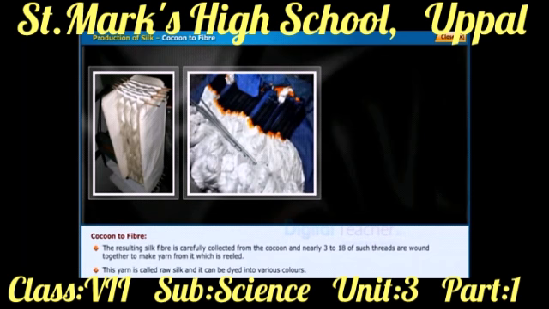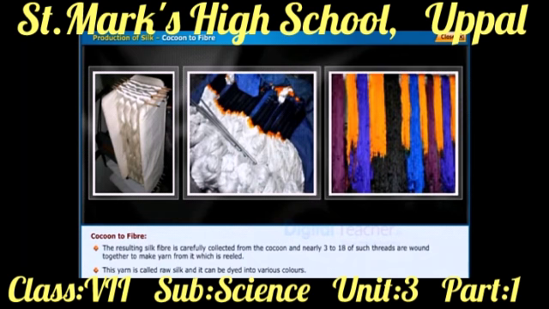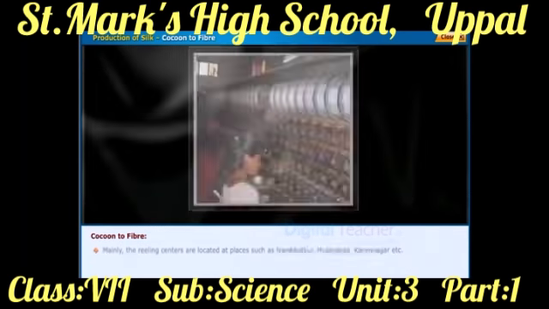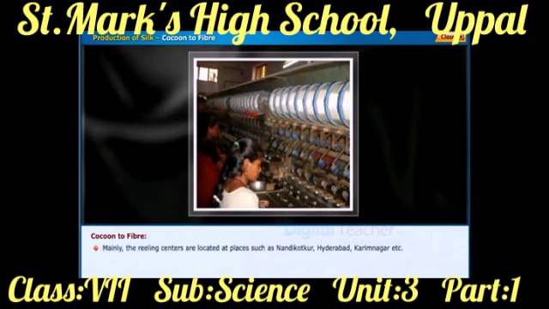This yarn is called raw silk, and it can be dyed into various colors. Silk fibers are then spun into silk threads, which are woven into a variety of silk fabrics by weavers. Mainly, the reeling centers are located at places such as Nandikotkur, Hyderabad, Karimnagar, etc.